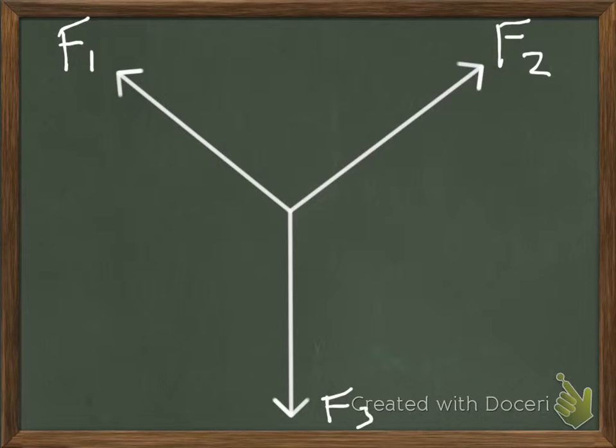Alright, so let's talk about the trick here. But let's talk about the long way first. So the long way is, we know this thing is in equilibrium, so all of the forces in the x equal all the forces in the y. So what we can do is break up the two forces on the top, F1 and F2, into their components so that we can solve for them.